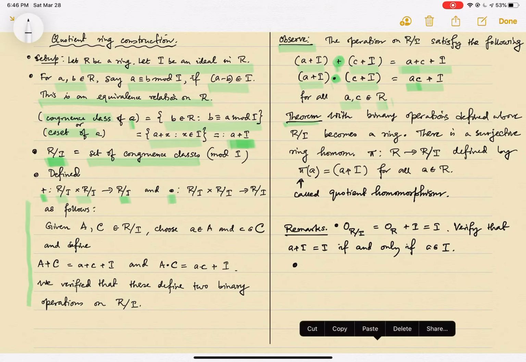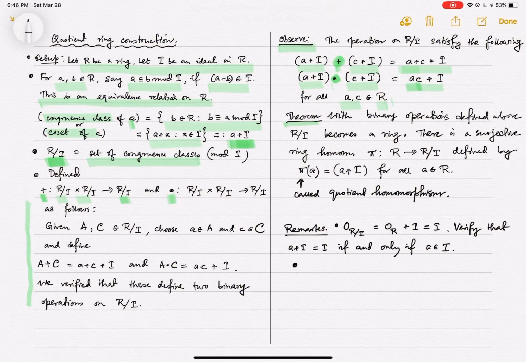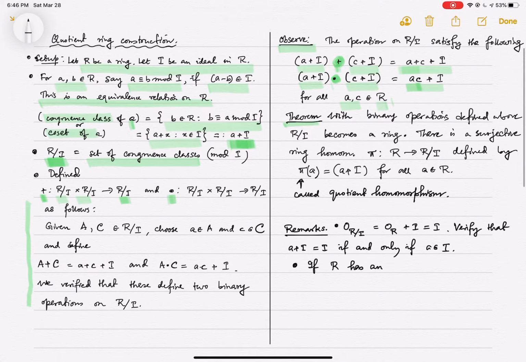Second, if R has an identity 1, then R mod I also has an identity, and it is the coset of the identity of R. Again, follows from this.